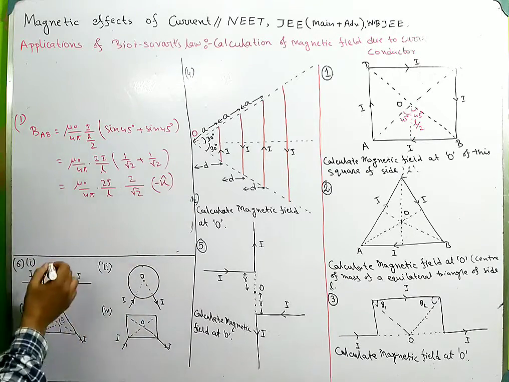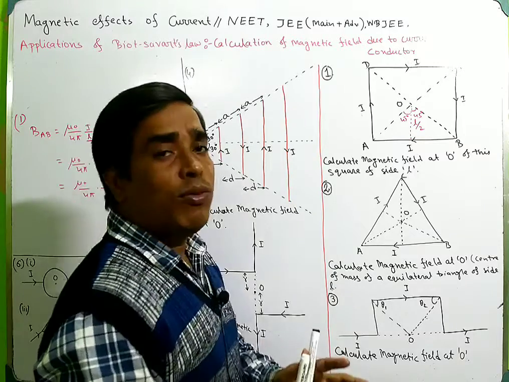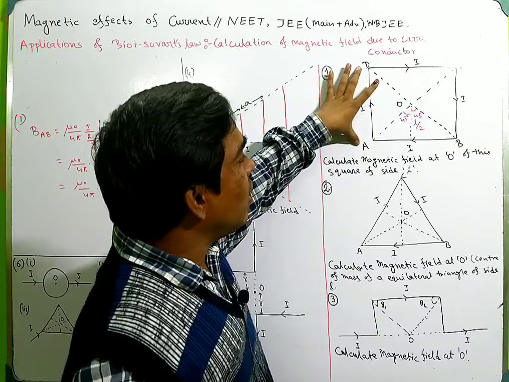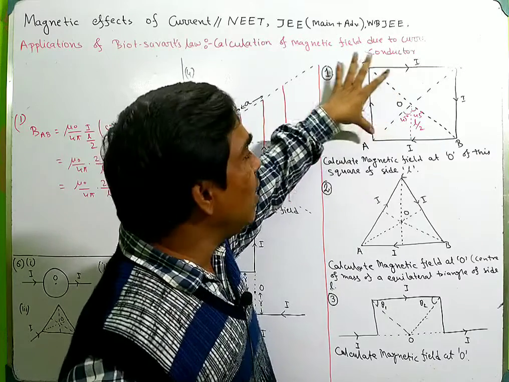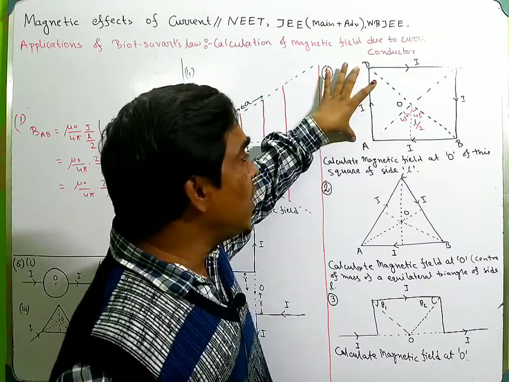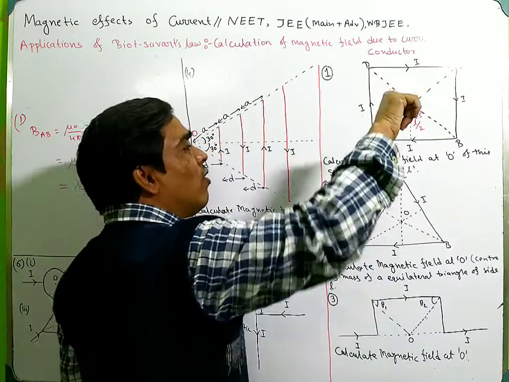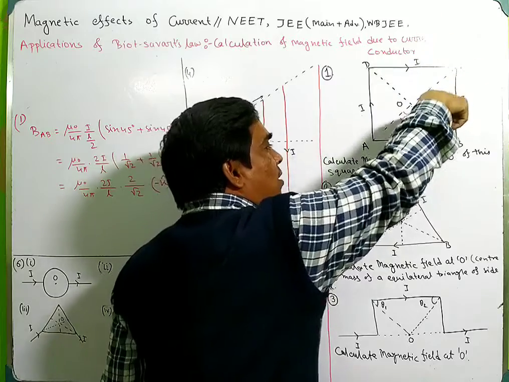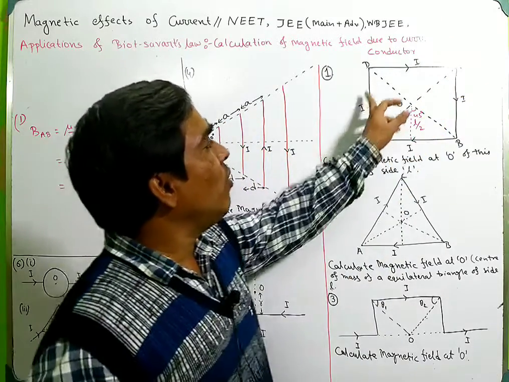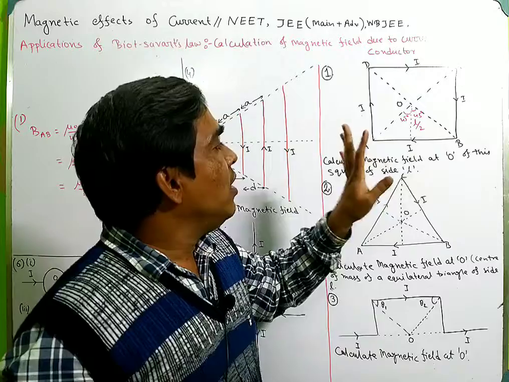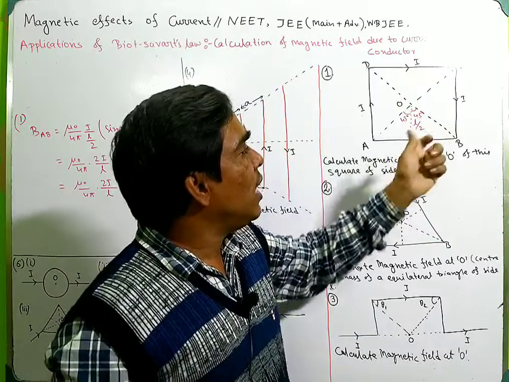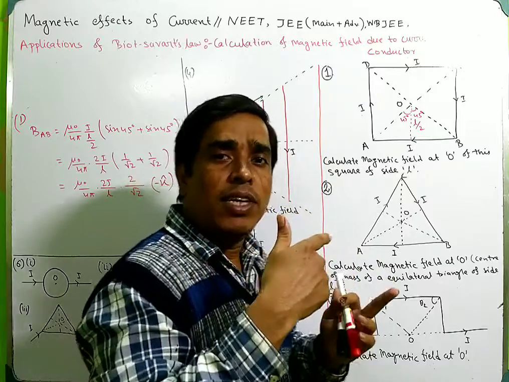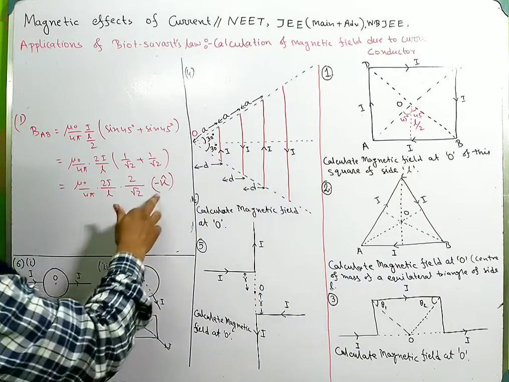Now if you want to calculate the magnetic field for this AD region, with the same length and same angle, the magnitude will remain the same, and the direction is also inward. So the direction of the magnetic field due to all sides is inward, that means negative z axis, so minus k cap.